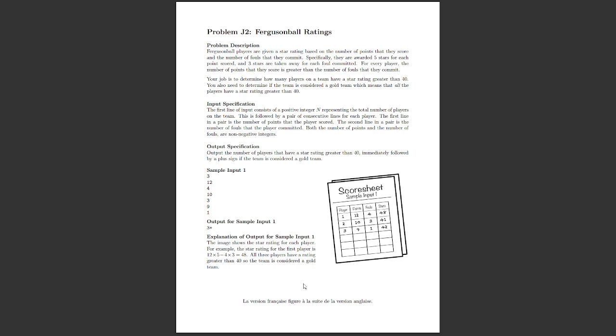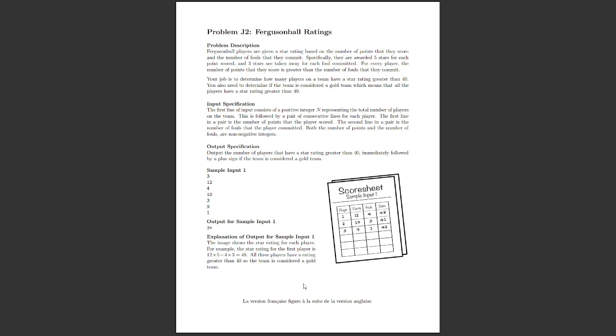Specifically, they are awarded 5 stars for each point scored and 3 stars are taken away for each foul that they commit. For every player, the number of points that they score is greater than the number of fouls they commit. Your job is to determine how many players on a team have a star rating greater than 40. You also need to determine if the team is considered a gold team, which means all the players have a star rating greater than 40.